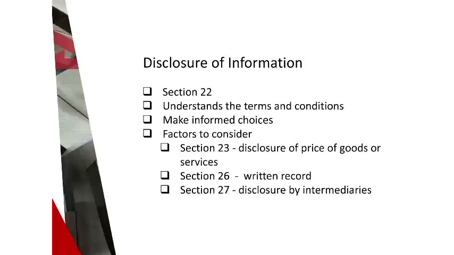And then Section 26 is a strange provision. It prescribes that the supplier of goods or services must provide a written record of each transaction to the consumer to whom any goods or services are supplied. I had to think back on how this is relevant in our industry. The only example I could think of is when I purchased my flat from Pam Golding, the estate agent gave me a little starter pack with everything that I needed and any information that I needed to continue living in my flat.